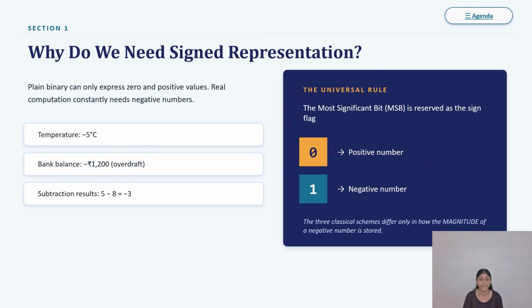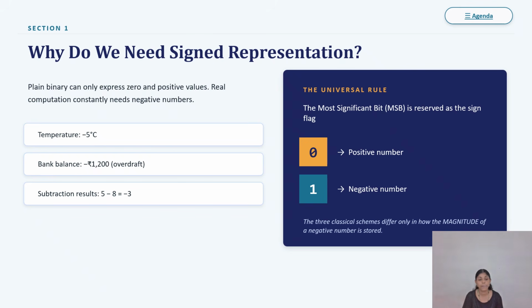And in the second case, I have given you the bank balance. If your bank balance is overdrawn, in your statement you used to get it as a minus value. Here I represented it as minus rupees 1200.